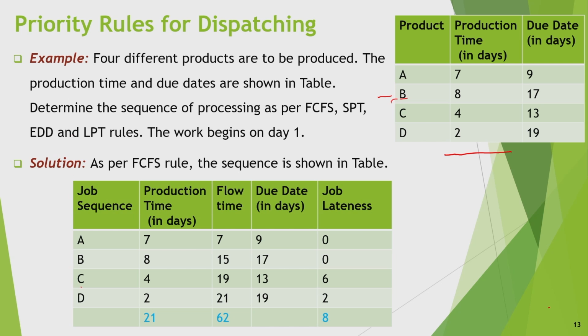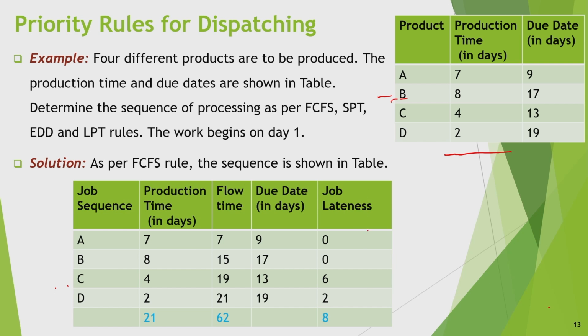So the job sequence starts with job A. Production time in days is 7, flow time is 7, due date is 9, and since we are doing this job first, first come first served, there is no lateness, because due date was 9 but I finished it at 7.